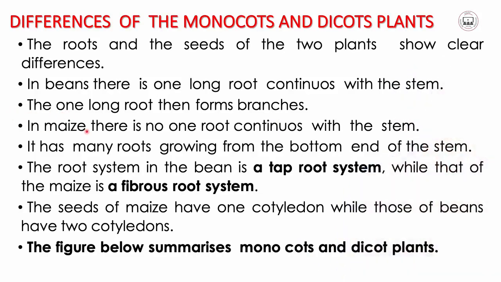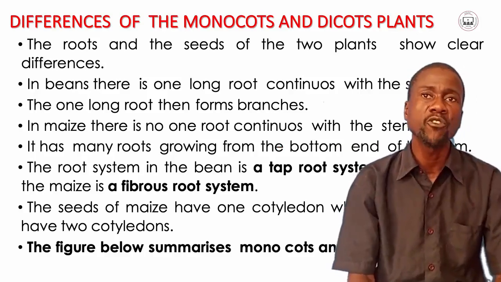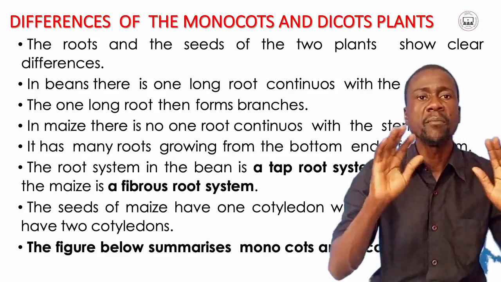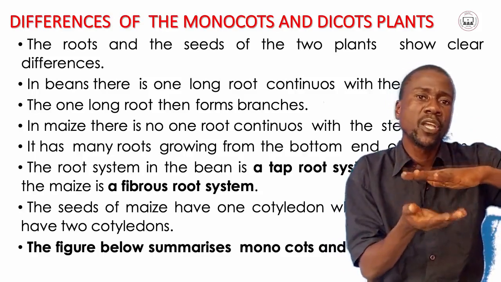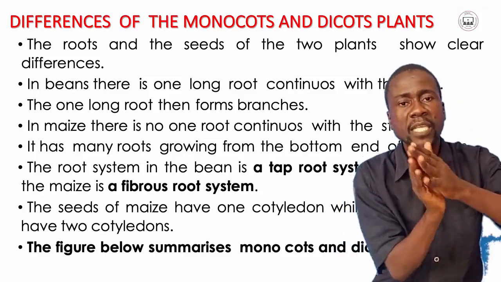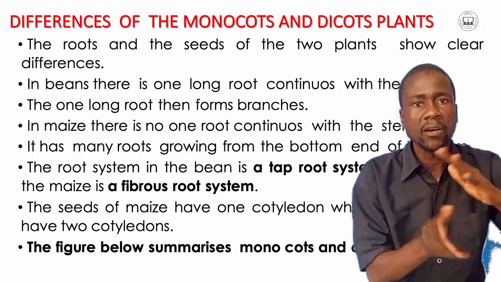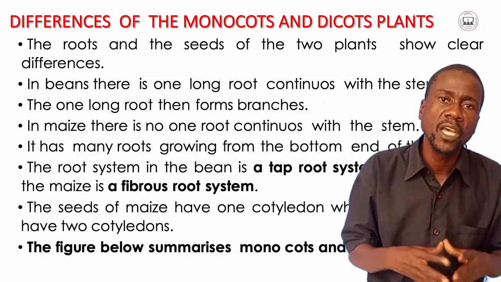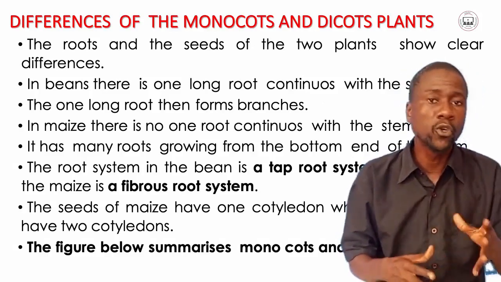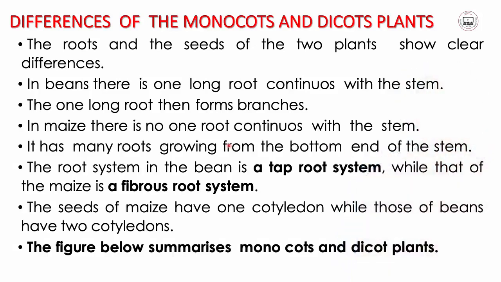But in maize, there is no one root continuous with the stem. It has many roots growing from the bottom end of the stem. This is different, whereby in the bean you have one main root, while in the maize plant you have roots growing all from the base of the stem. So that is a demonstration of the root system which is found with the monocotyledonous plants.